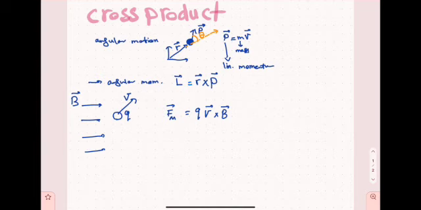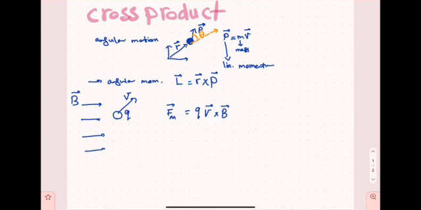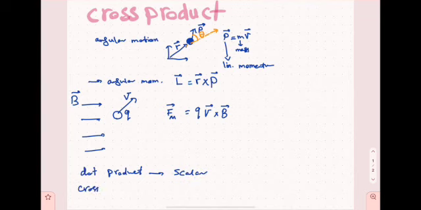So this is the reason that we also should cover what the cross product of vectors is and why it is very useful. As opposed to the dot product, which we discussed before and which gives us a scalar, this cross product of two vectors gives us a vector.